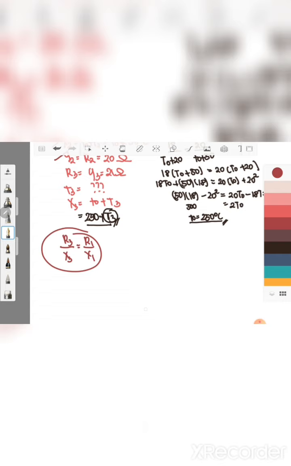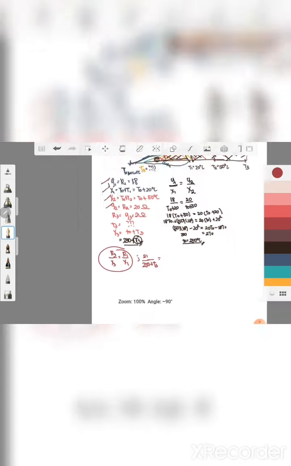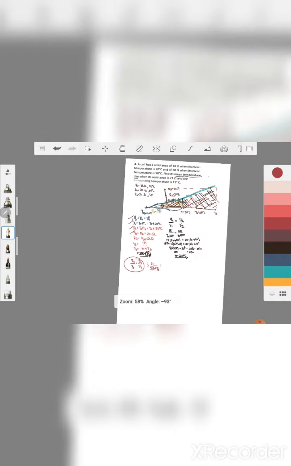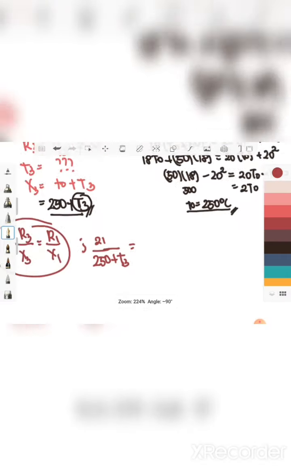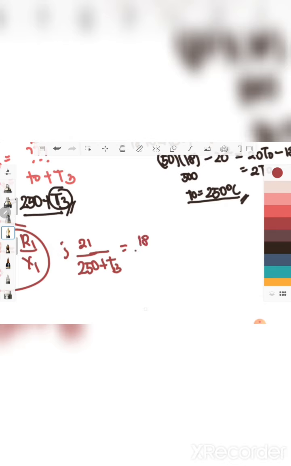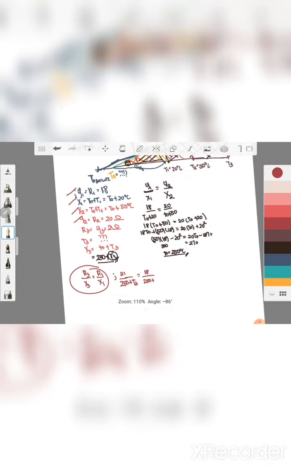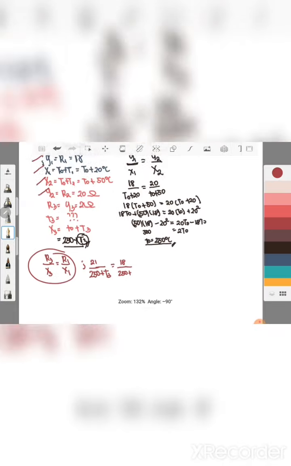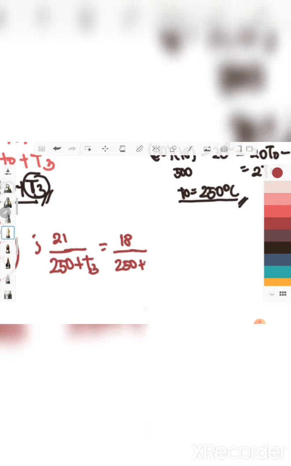So, our r3 is equal to 21 ohms over x3, which is equal to 250 plus T3. And also our r1, which is equal to our 18 ohms, right? 18 ohms all over 250 plus our T1, which is equal to 20 degrees Celsius plus 20.